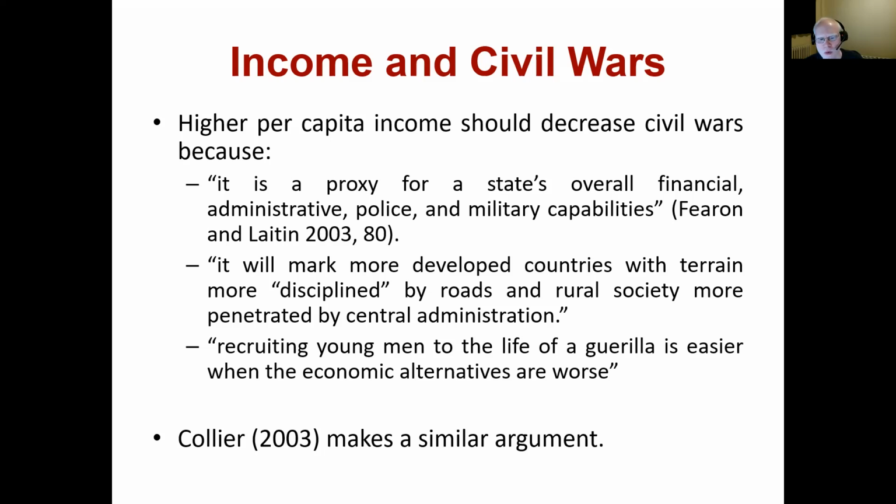Your choices are between earning a decently high paying job or fighting in a civil war with lower pay and a high risk of death. Even if you don't like the central government, which one do you think most people are likely to take? Well, many people are going to take the secure, decently well-paying job.